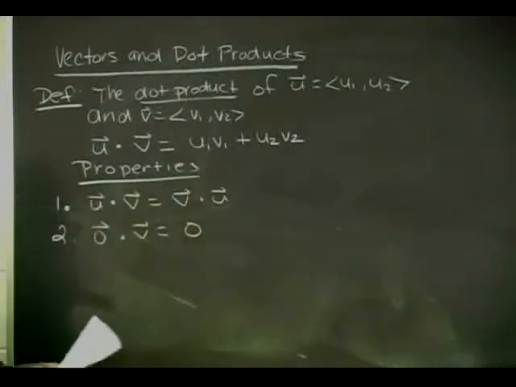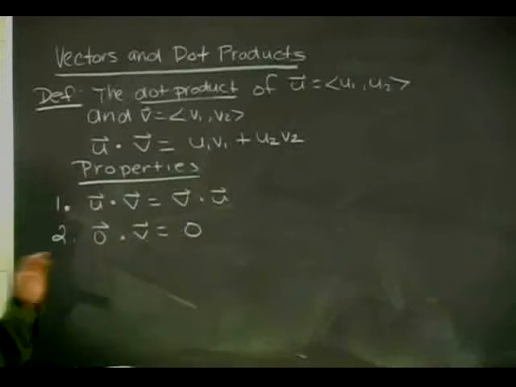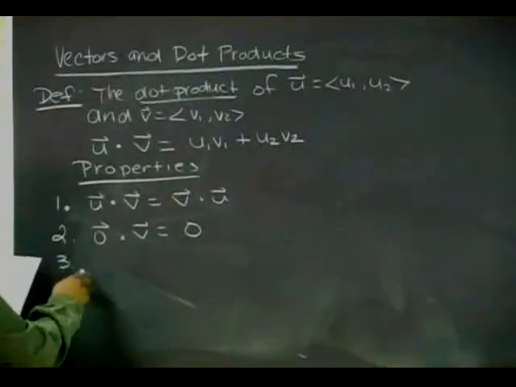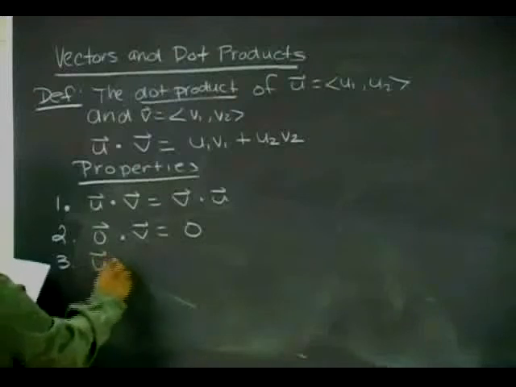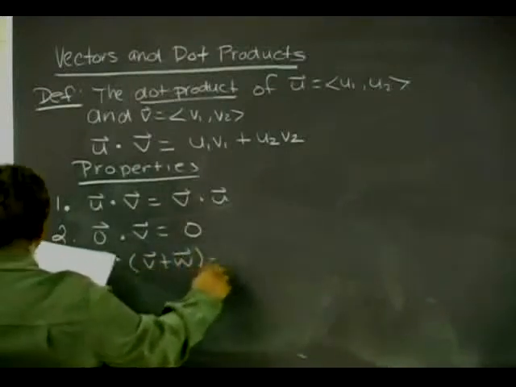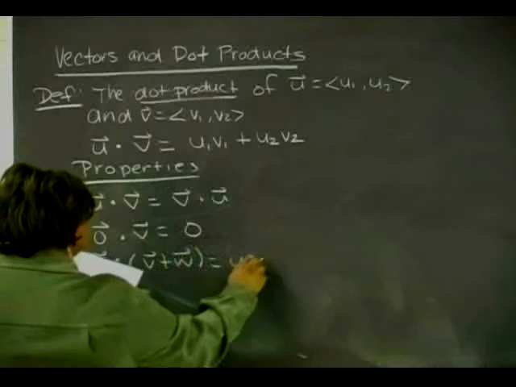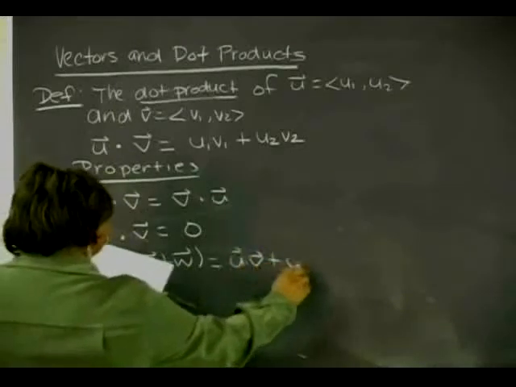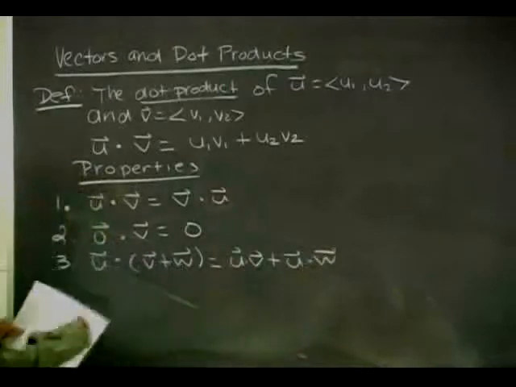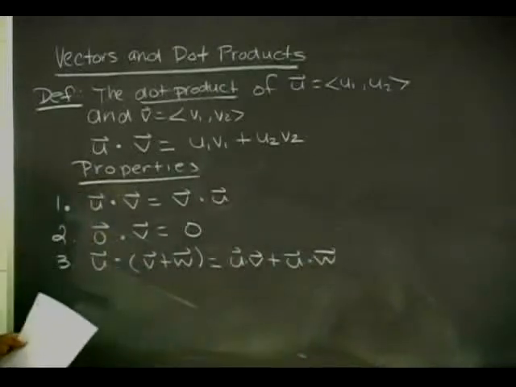The zero vector dot any vector is the number 0. And number three, u dot the sum of v and w is the same as u dot v plus u dot w. So we have kind of a distributive property going on here.